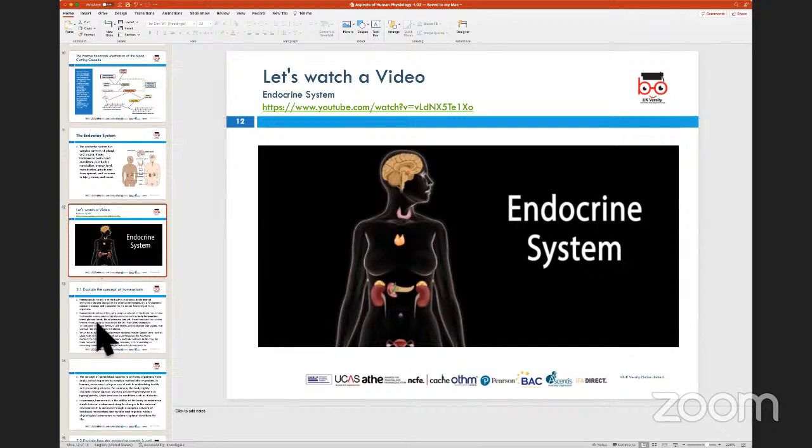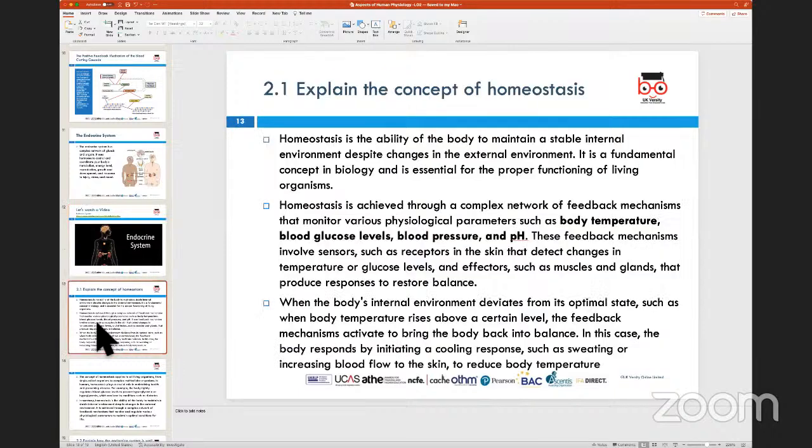Now, with the basics of the concept of homeostasis and the endocrine system, there are 2 assessment criteria that we need to look at in this learning outcome. The first one talks about the concept of homeostasis. As we have covered, homeostasis is a self-regulating process through which biological systems maintain stability and equilibrium in the internal environment of the body.